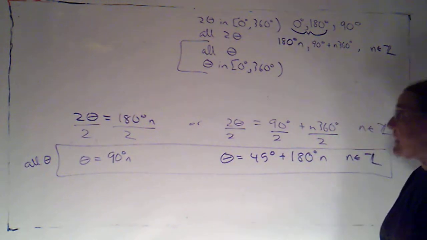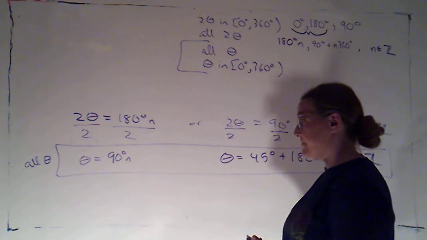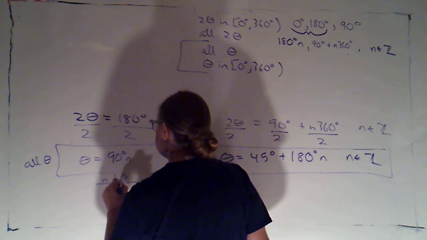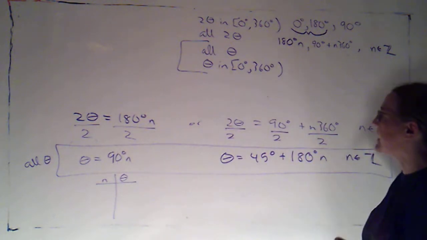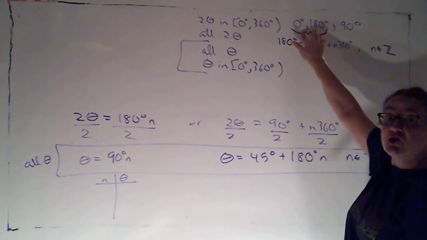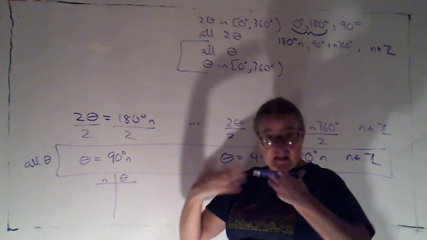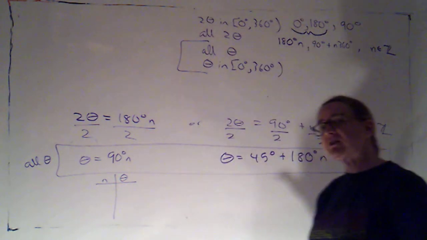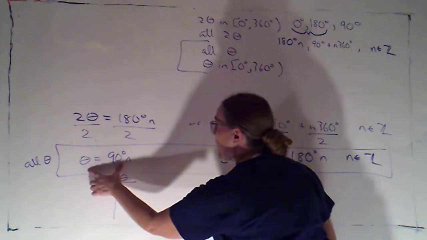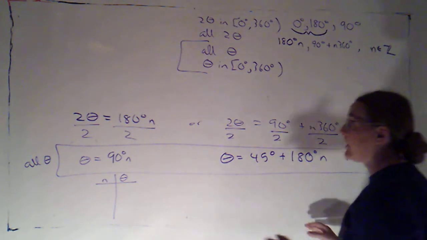And now, if I want to find the theta values that are between 0 and 360 degrees, I'm just going to list my n's and my thetas. Now, I do want to be careful here, because I want to remember that that was consolidating 2 answers. Because my angle was 2 theta, I'm expecting to double the number of solutions. So I'm actually expecting to get 4 answers. And that's just because this one expression was consolidating 2 answers that I had right there.